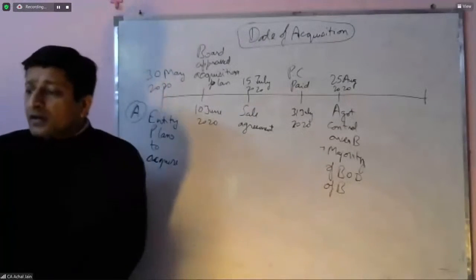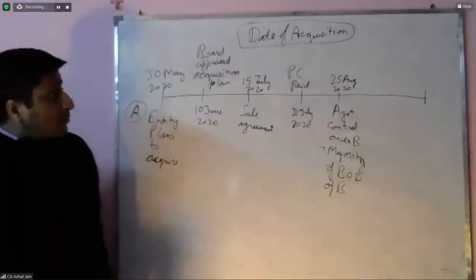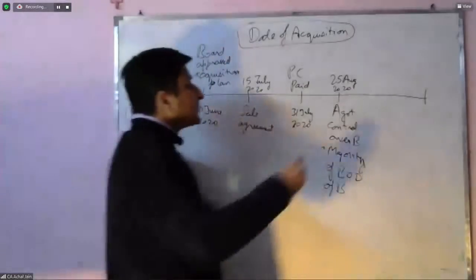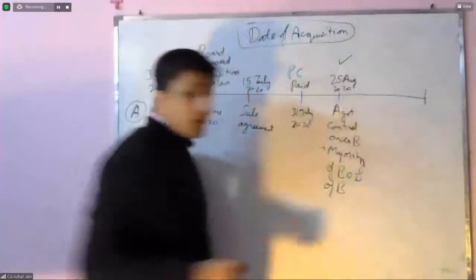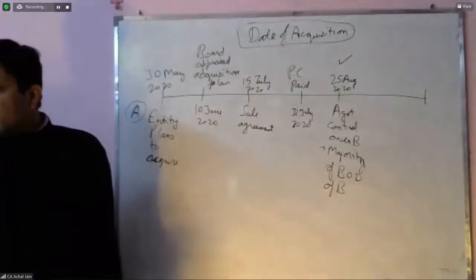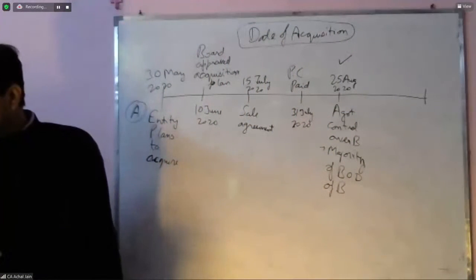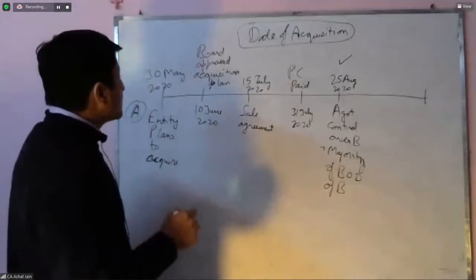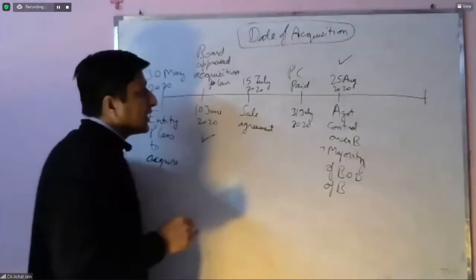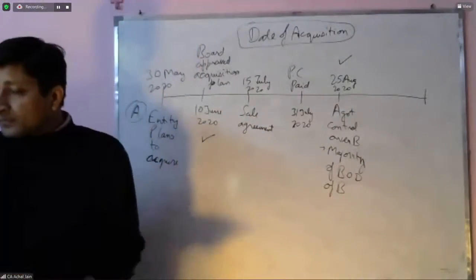Okay, great. Nanda Usha is saying, sir, it should be 25th of August. Okay, so this is the first option. Pujita is saying, sir, 10th of June 2020 should be the date of acquisition. Very good. What about others?